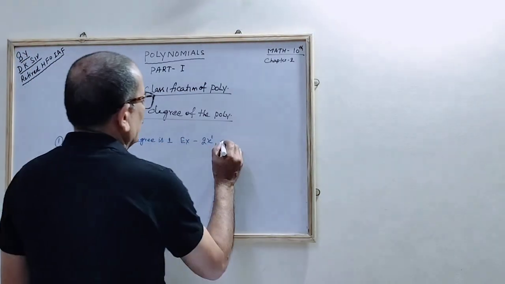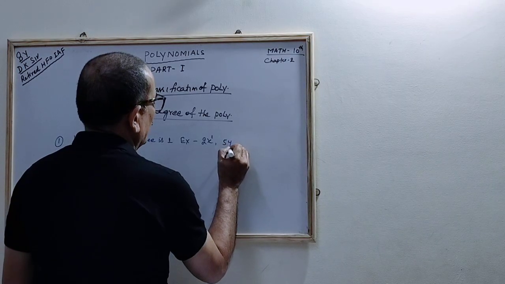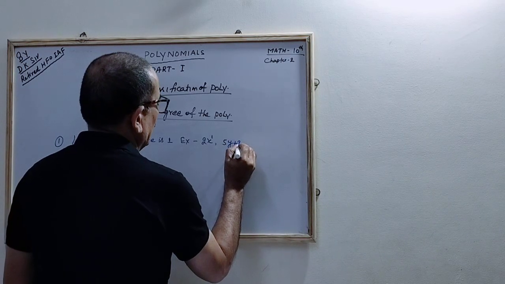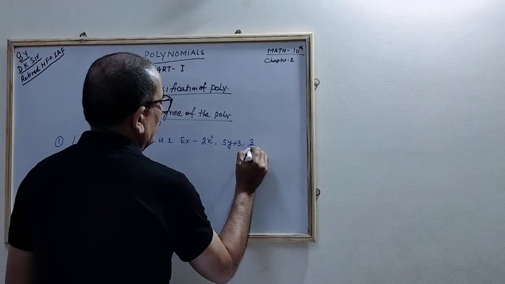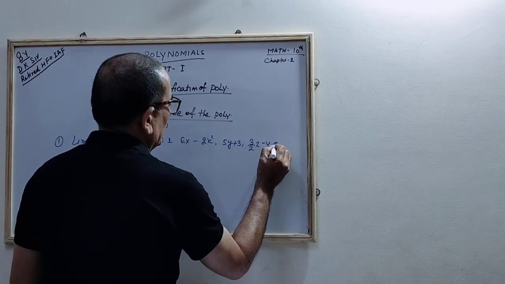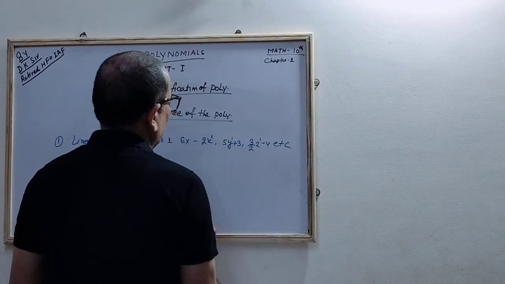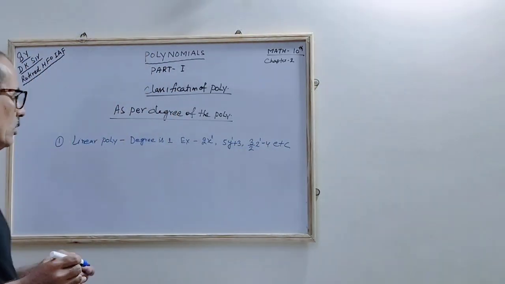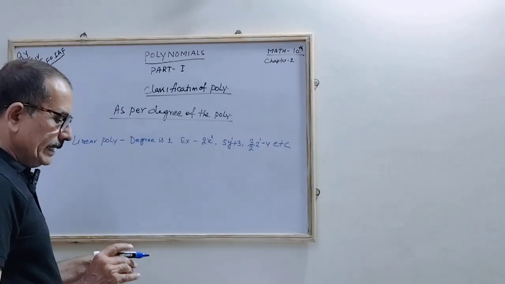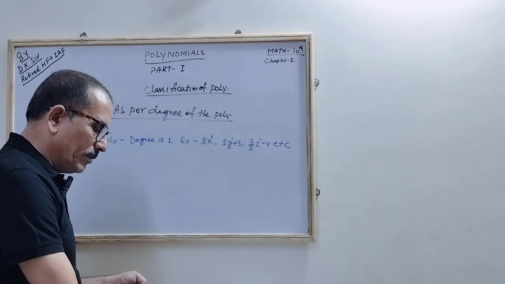There can be 5y plus 3, or 3 by 2 z minus 4. These are all examples where you find that the maximum power of the variable is 1. So this is called the linear polynomial, correct?